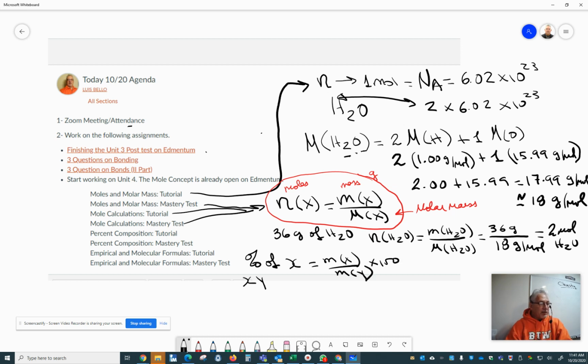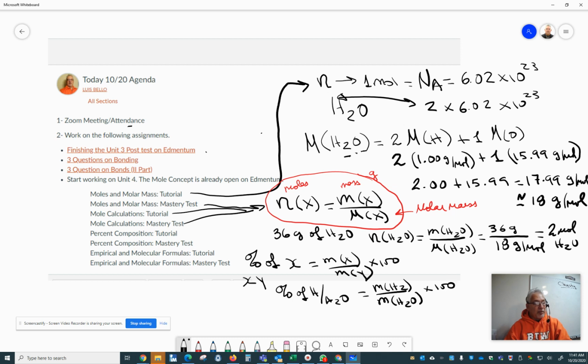That will be the percent composition. For instance, if I ask you, what is the percent composition of hydrogen in water? That will be one question. I will write mass of hydrogen over mass of water times 100, of course.